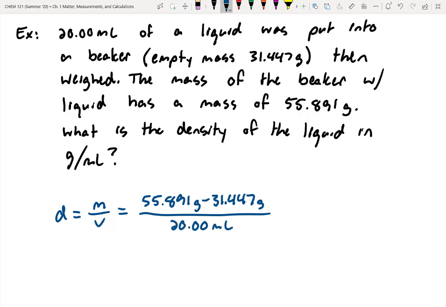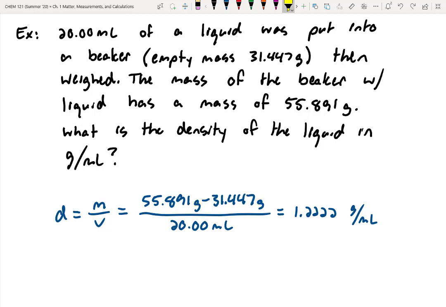So I can go ahead and do this in my calculator, and I get a value of 1.2222, and the units in this case are just going to be grams over milliliters. It is a little bit confusing, but when you subtract 2 of the same unit, the unit just stays the same, right? So grams will be on top, milliliters will be on the bottom.